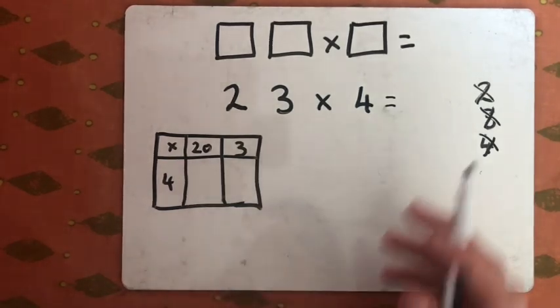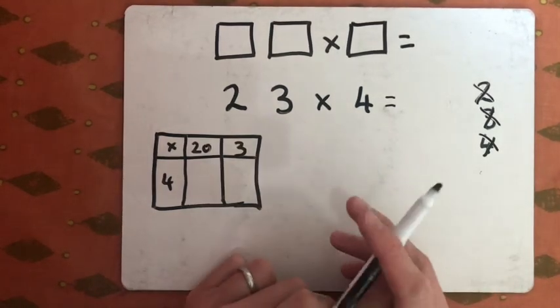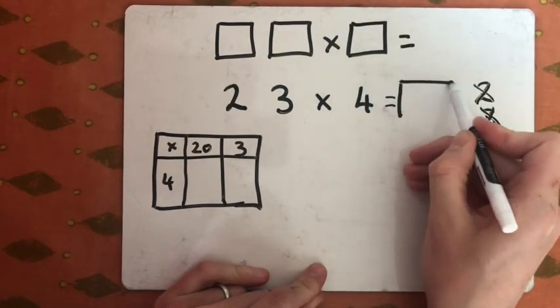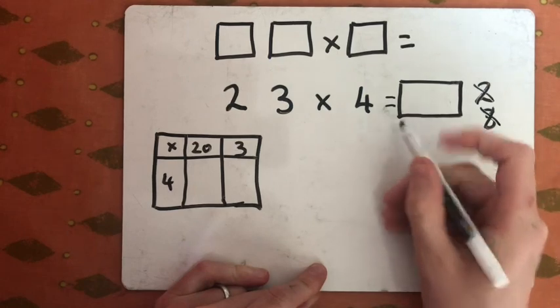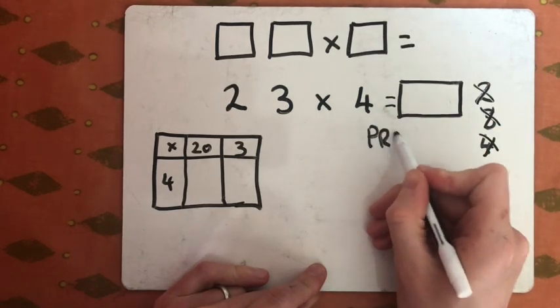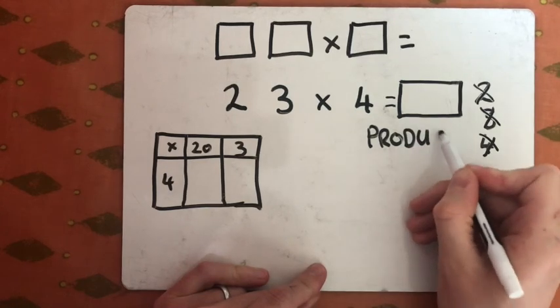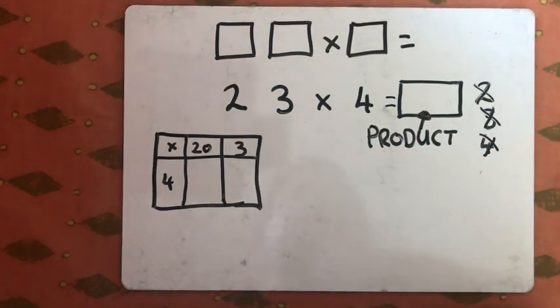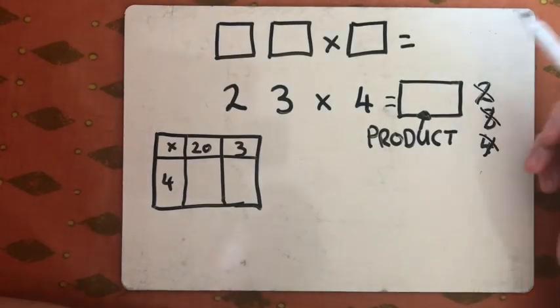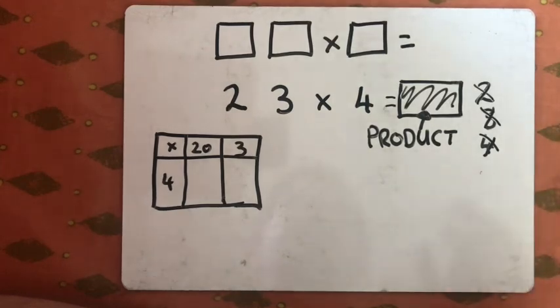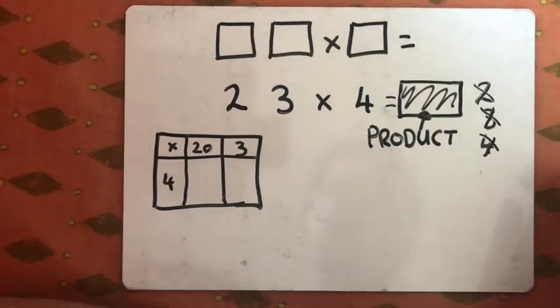Now, what you're aiming to do in this is you're trying to get the product. The product, if we remember back, is the answer to our multiplying question. So the product is this number here. This answer to any multiplying question is the product. So we're trying to get this answer here as close to 100 as we can.